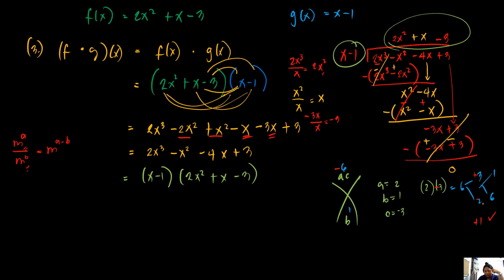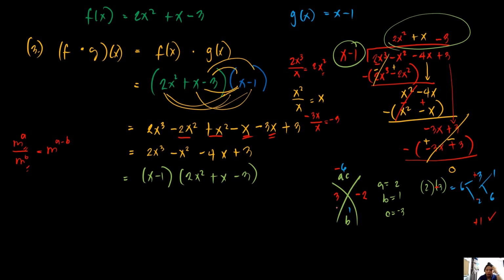Okay, so we're right now, class. We have positive 3 and negative 2. If we add them, 3 minus 2, we get positive 1. If we multiply them, 3 times negative 2, we have negative 6. So our factors are 3 and negative 2.